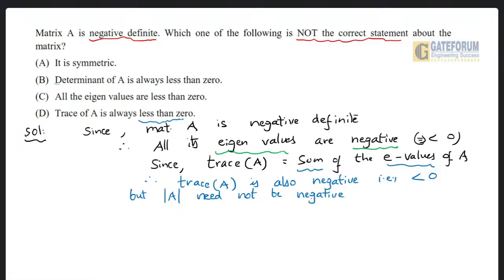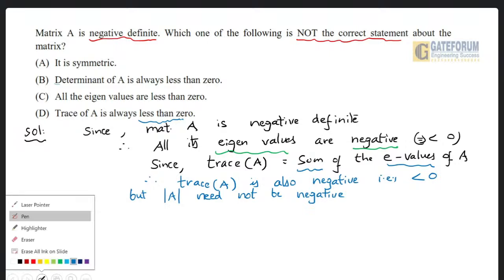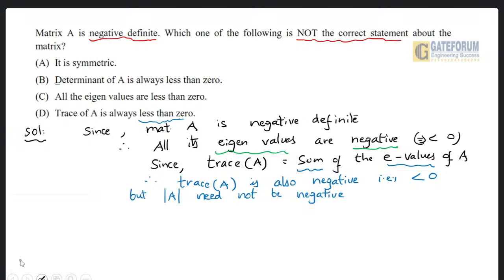Moreover, when we are defining definiteness of a matrix, positive definite, negative definite, indefinite, semi negative definite, semi positive definite, the matrix must be symmetric. When a matrix is said to be negative definite, positive definite, or indefinite, automatically that matrix must be symmetric.